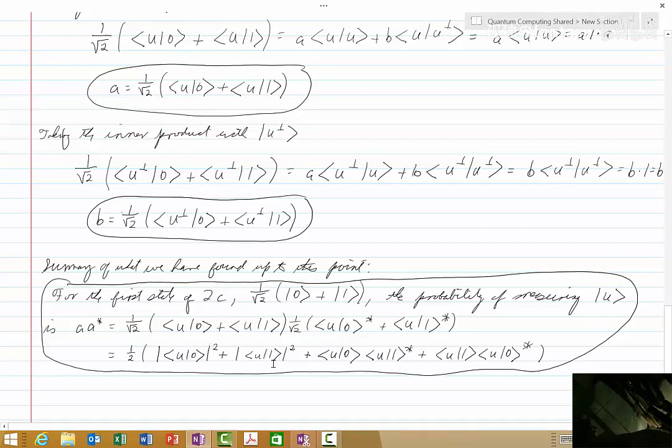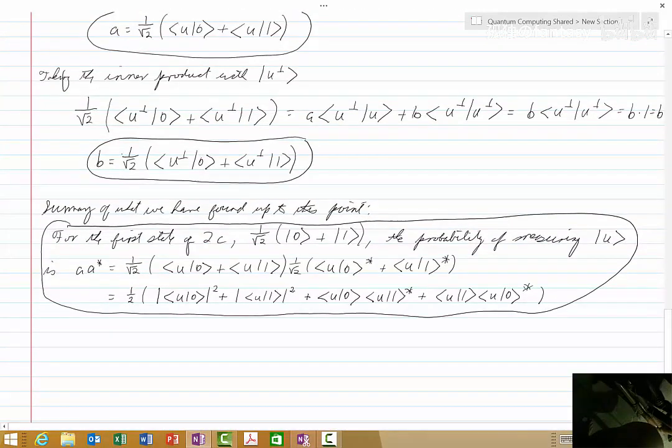After doing all the work, what we would find is that we just obtain 1 minus this, because there are only two things that we can measure, U or U orthogonal. So the two probabilities have to add to 1, and therefore there really isn't a lot of point in going ahead and computing that second probability.